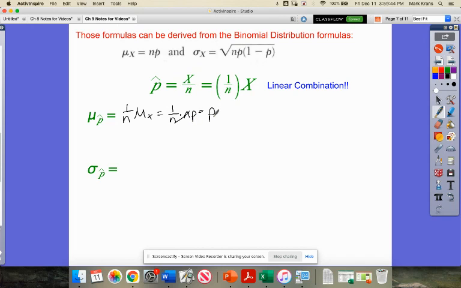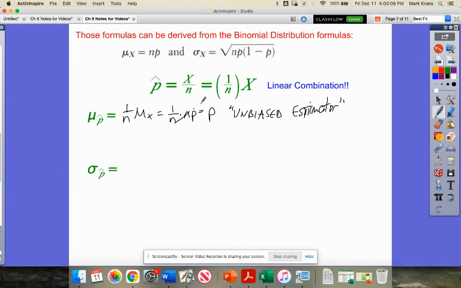Sweet. So that's why the mean of my p hats is centered around p, which means it's an unbiased estimator of p. Isn't that cool? Unbiased means that it hits the mark. My p hat is supposed to measure rho, p, and it does.